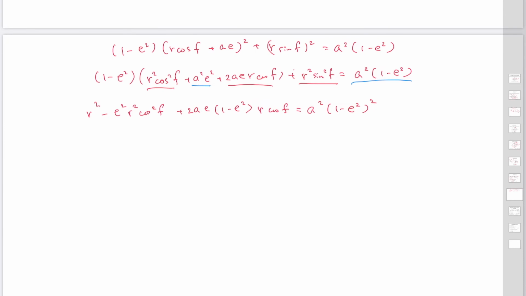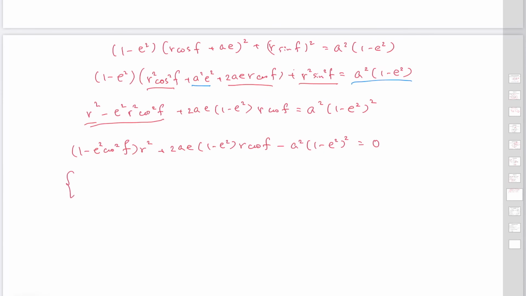If you combine these two terms, it becomes 1 minus e squared cosine squared f r squared plus 2ae times 1 minus e squared r cosine f minus a squared times (1 minus e squared) squared equals 0.